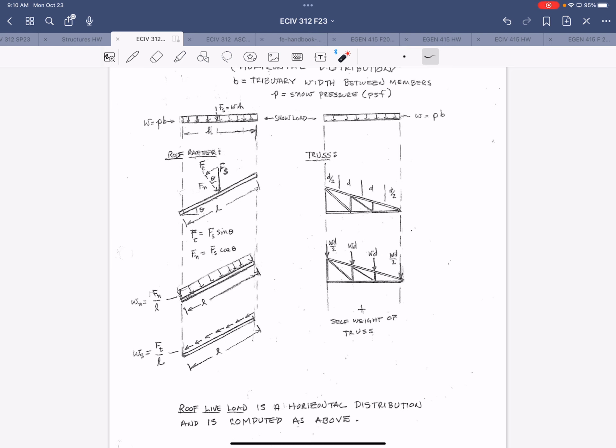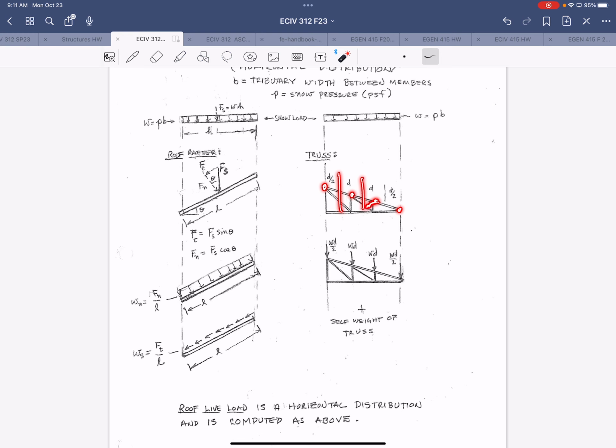For a truss, we don't have to do that. It's a little bit simpler. All you need to do for a truss is take the horizontal projection of the snow load. That part is going to be the same regardless of whether you have a joist or a truss. That's just a gravity load, always in the vertical direction, acting downward. But for a truss, you take that and identify the tributary width of the joints on the truss, because remember, with trusses, we assume that loads only act at the joints.